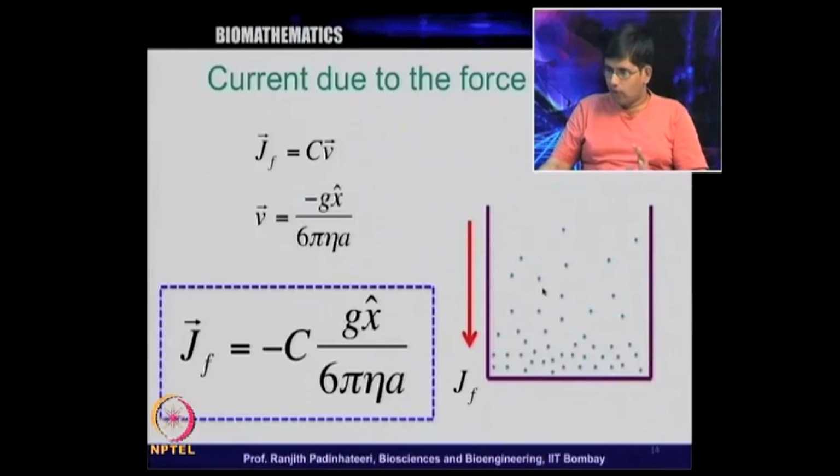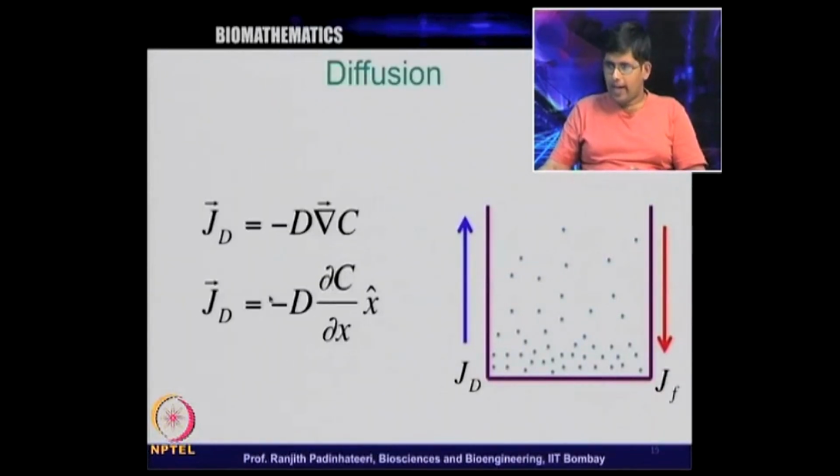So how much is that flow? We said that due to diffusion there can be a current or a flow, and that current Jd is proportional to the derivative of the concentration. As we saw previously, Jd is proportional to del C by del x, and as we go along the x, C decreases, so del C by del x is negative.